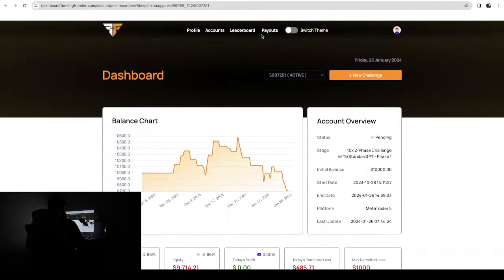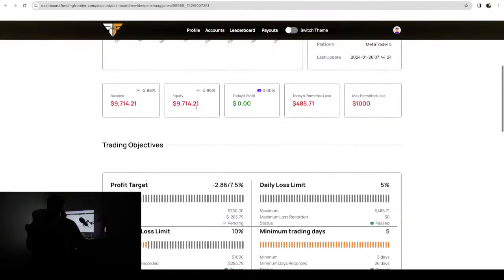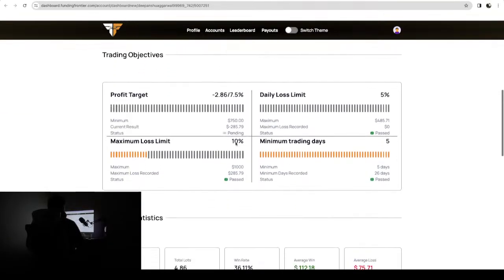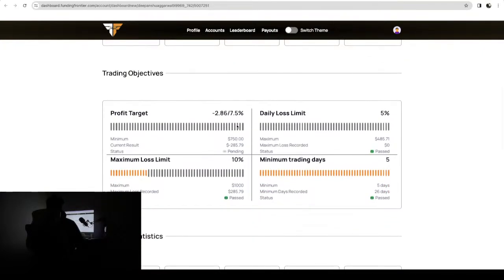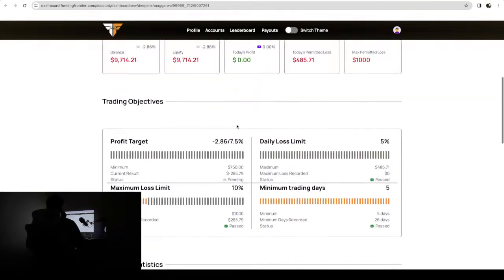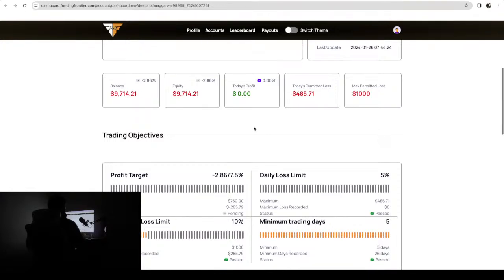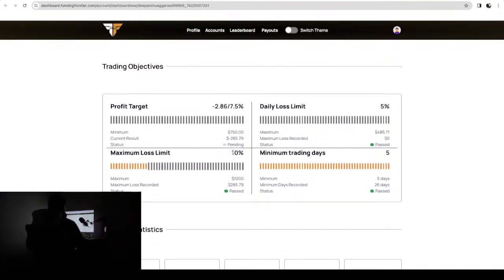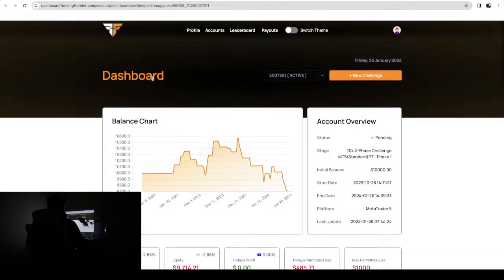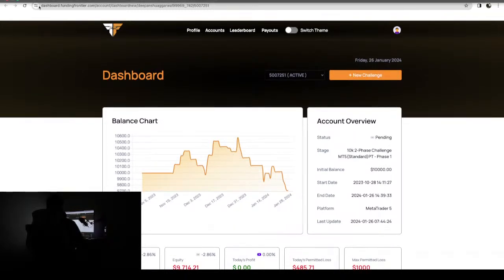Alright, and now our account balance stands at 9714, approx 3% drawdown. We still have around 7% more to lose if we want to lose this account, okay, because our maximum loss limit is 10%. All right, and let's start today's session then.